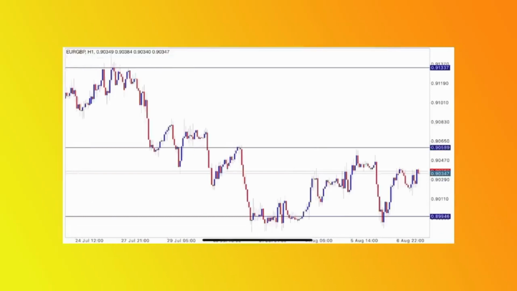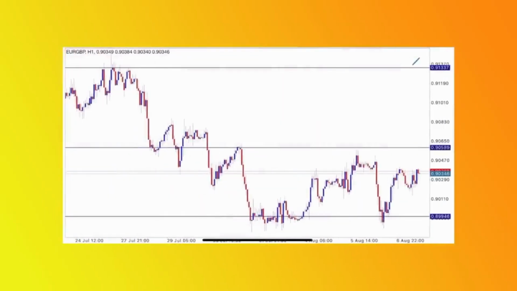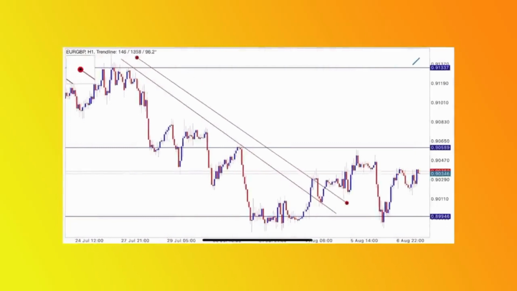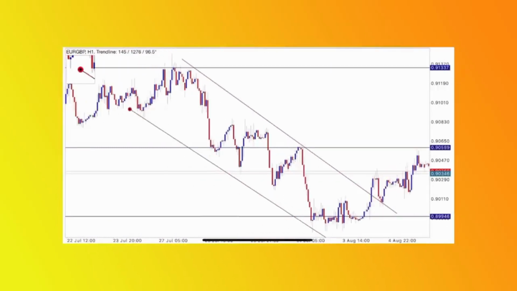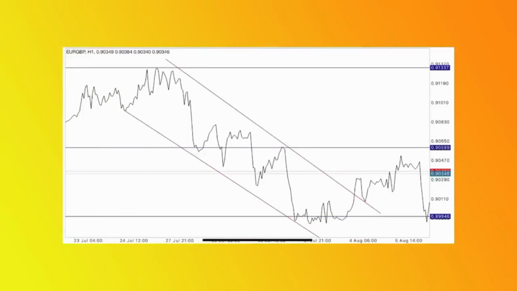So when I backtest, guys, I want to show you what you can do. I can see that the market here crossed this area here. Don't be stressed if you're not seeing these areas with ease. With time, you will be able to identify these levels with ease, guys. You can see that the market has been respecting this area here. We can see that the market was in a bearish trend here.